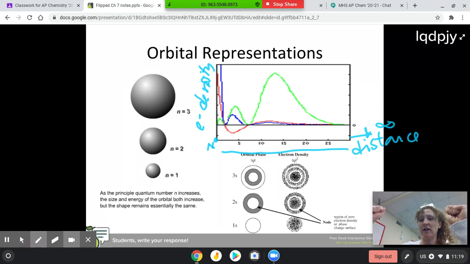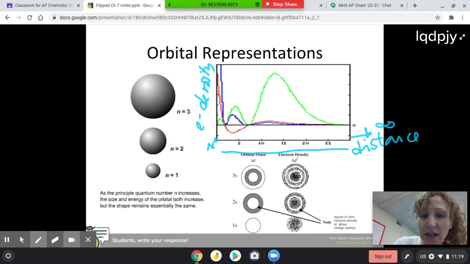So you won't have very many electrons spending time this far away. As you move the electron closer, the potential energy drops, and you get more electrons that spend time here. As you move the electron even closer, you get repulsion, because the electrons don't like to be too close to the nucleus either. So you get this happy medium in here.